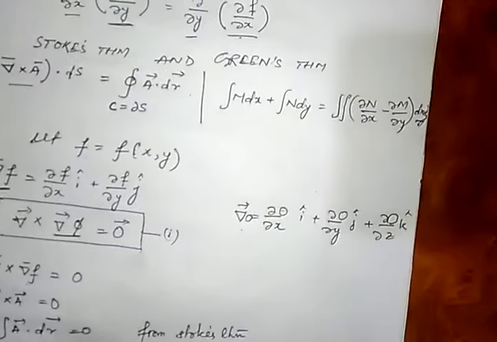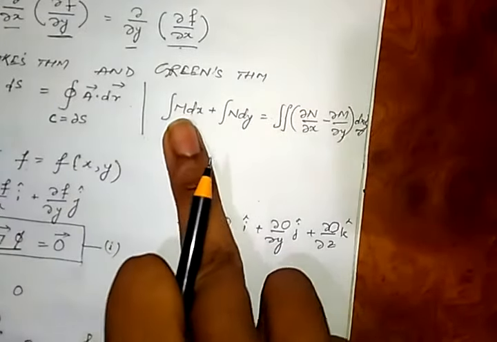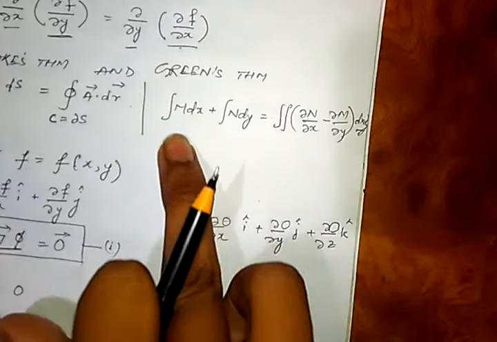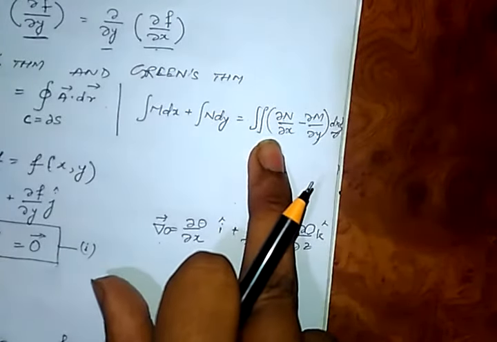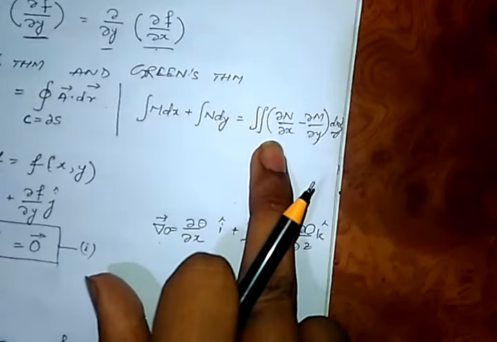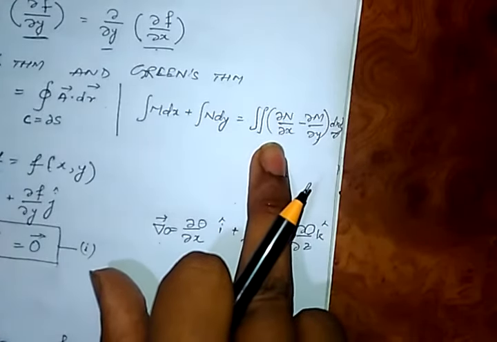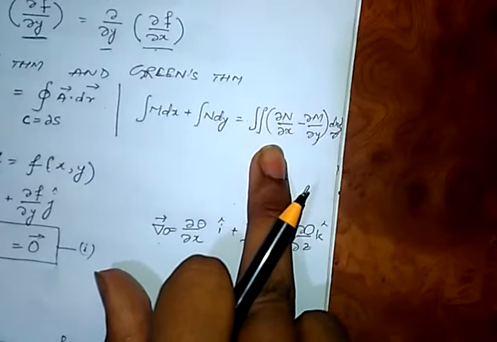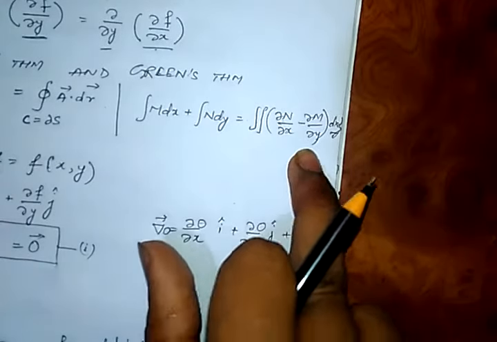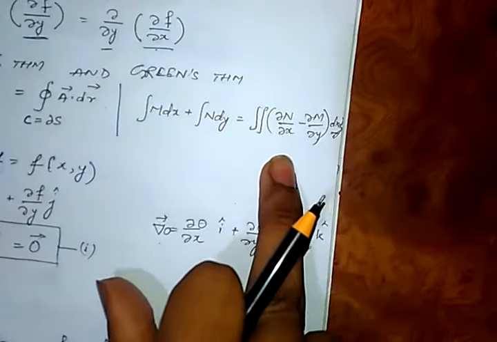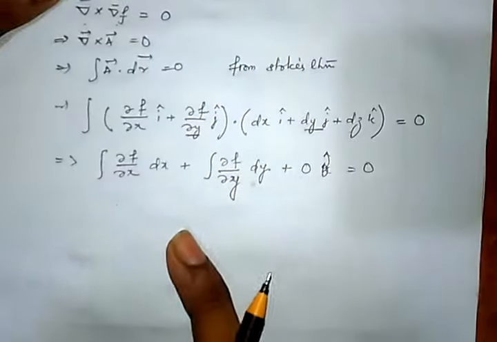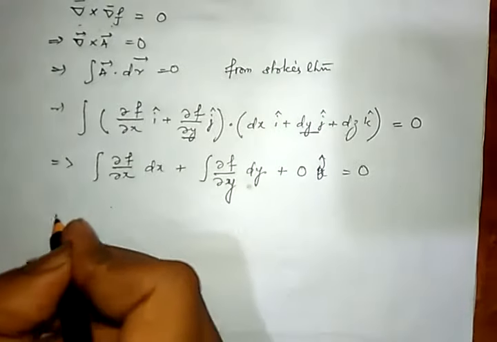Green's theorem says that if there is an integral M dx plus N dy, then it's going to be equal to the double integral, the surface integral rather, of the partial of N with respect to x minus the partial of M with respect to y, dx dy. And we are going to use this here, and let's see what comes out.